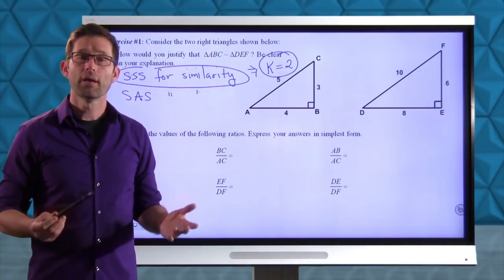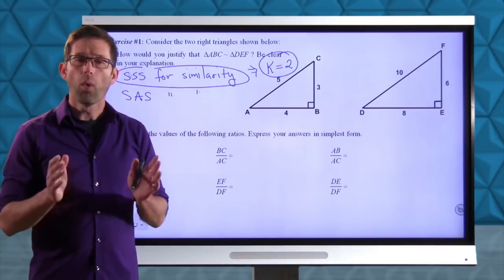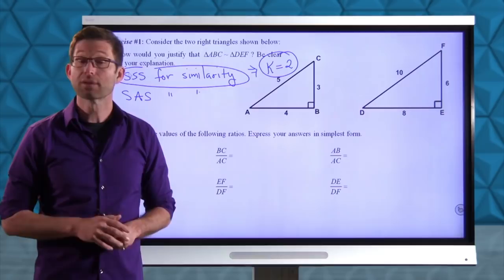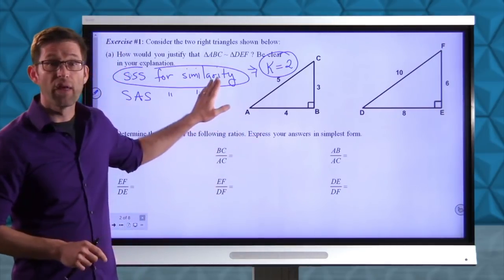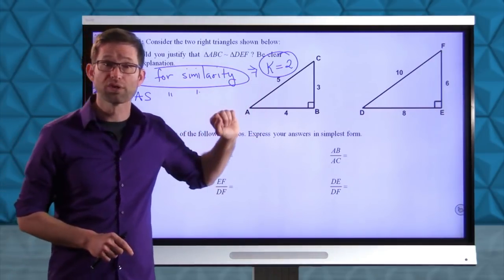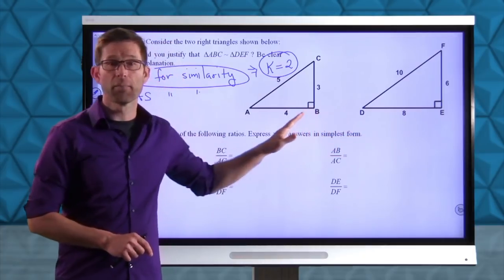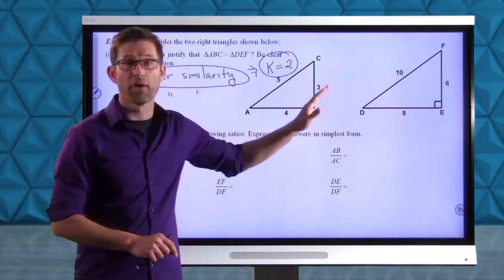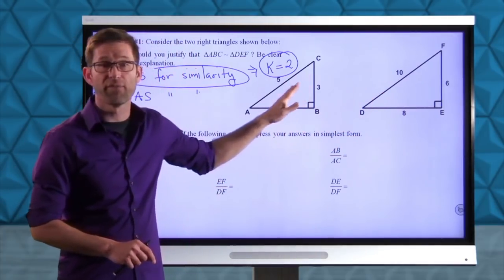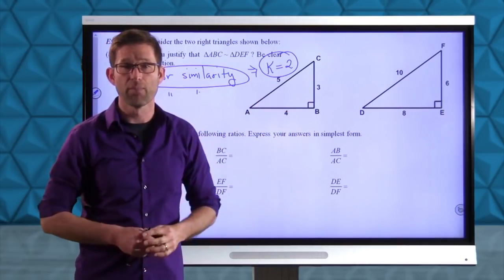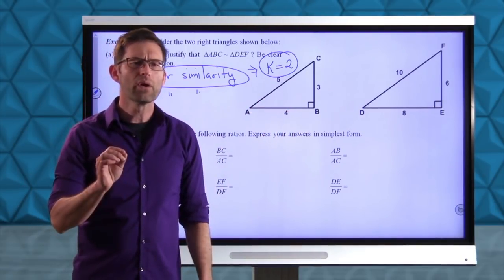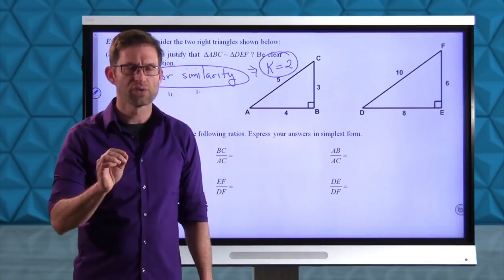Now, keep in mind, what we know about similar triangles is specifically that proportionality between corresponding sides. 8 divided by 4 is equal, 6 divided by 3 is equal, and 10 divided by 5 are all equal to the same thing.